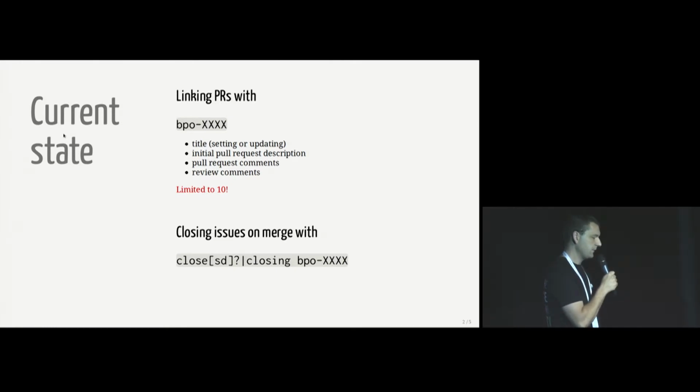There's a limit of 10 because we had some problems with flooding bugs.python.org with mistaken issues. Additionally, it also closes some issues, depending on the comment message.